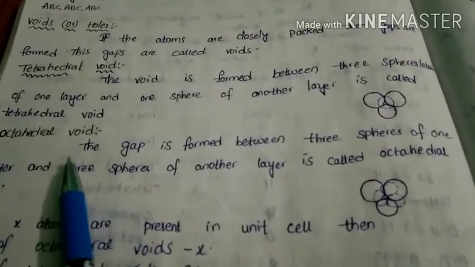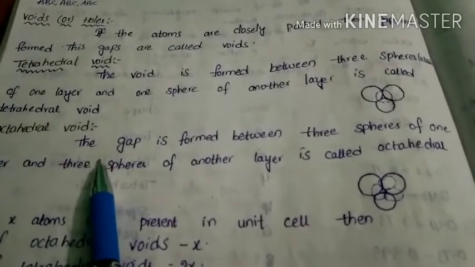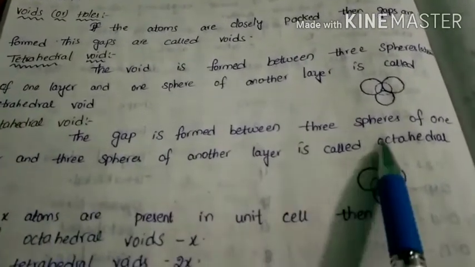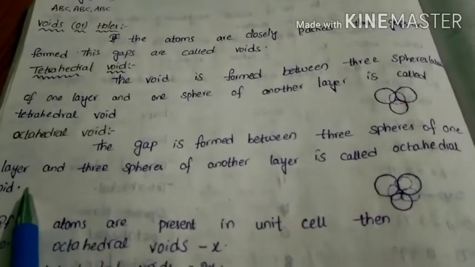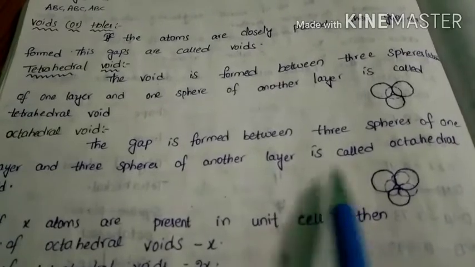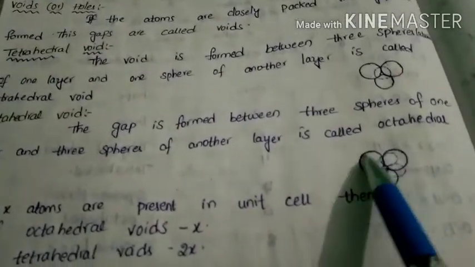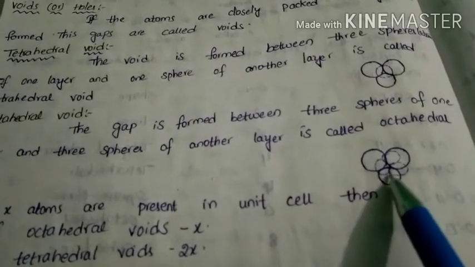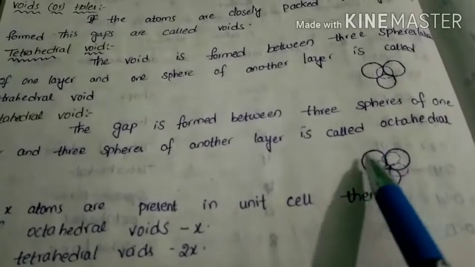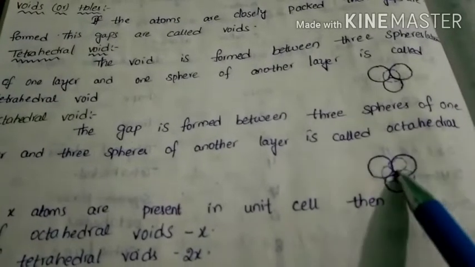Now another definition, for the octahedral void. The gap formed between three spheres of one layer and three spheres of another layer is called an octahedral void. See, again I took three dark circles, that means three atoms present in the same layer, then we get one gap.